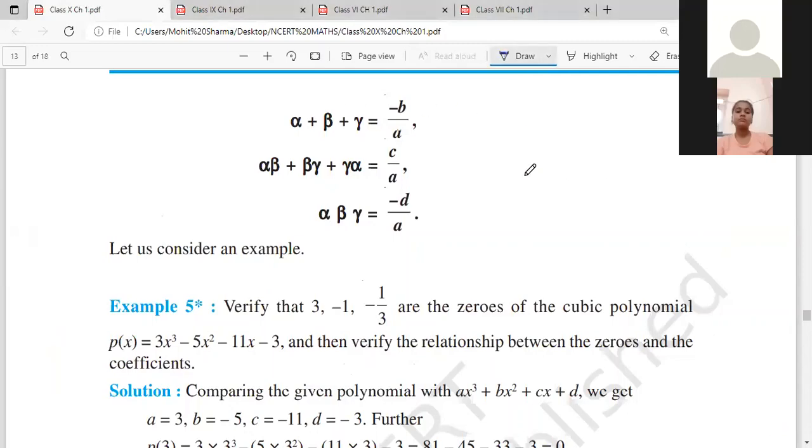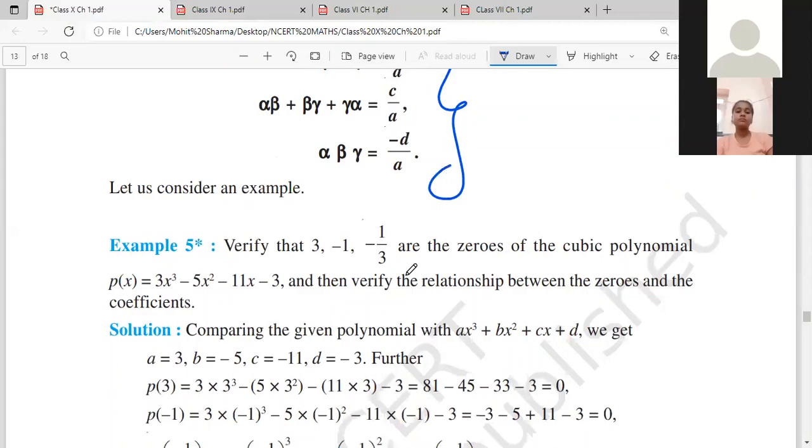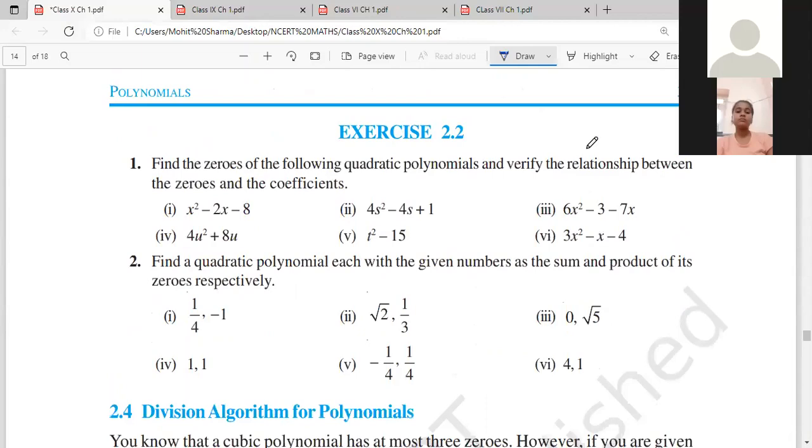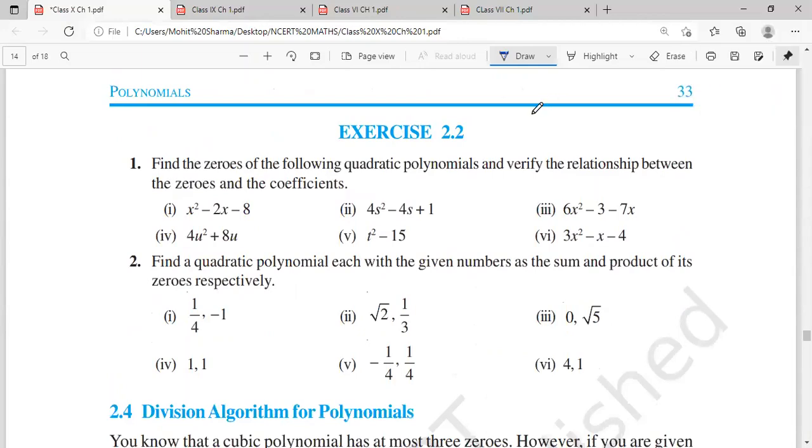Okay then. So this is your relations here. You have it in your book also. Available. After this, now let us move to the exercise. Your exercise 2.2.